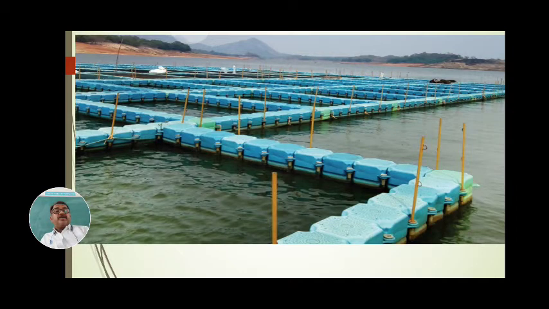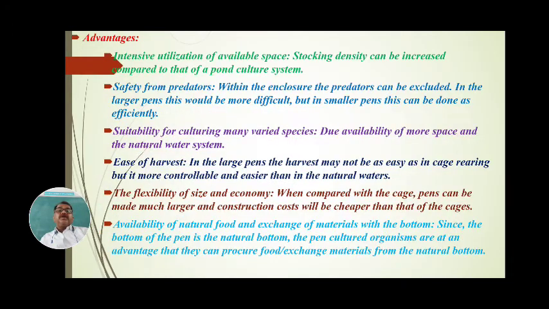See the figure, all these are nothing but pens. This is one pen, this is another pen, another pen colored in pink. These are varieties of pens, prepared in water bodies that may be fresh water or marine water.